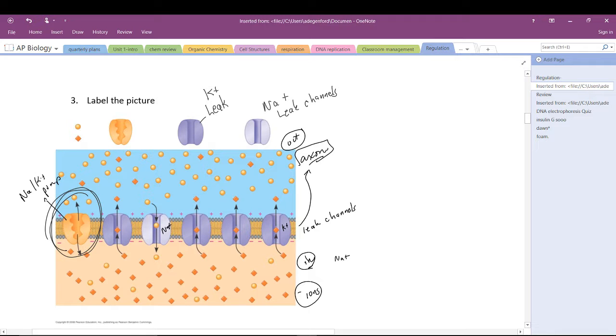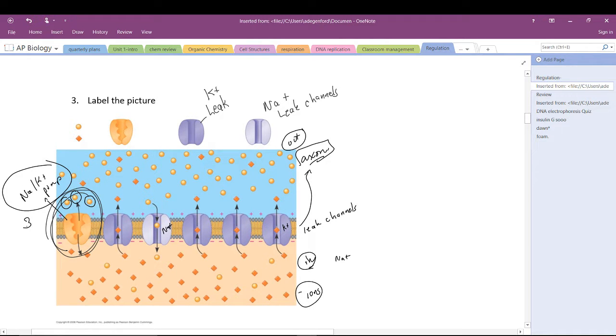You know by now if that helps you. And so we've got our sodium-potassium pump. And this is a nice review of active transport. The sodium-potassium pump is going to pump 3 sodium ions outside. So let's go ahead and write that down here. 3 sodiums out. And it's going to pump in 2 potassium. Now, that's an uneven amount to begin with, right?